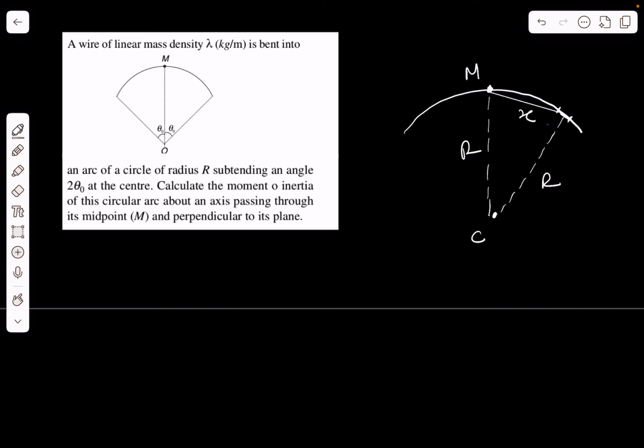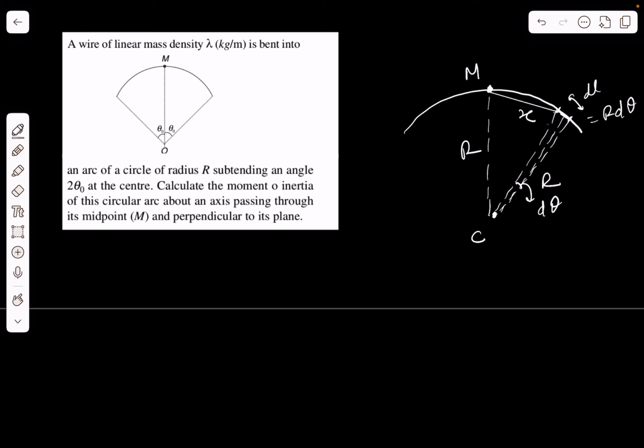And if this small element subtends a small angle d theta at the center, then we can argue that its length dl will be equal to r into d theta.